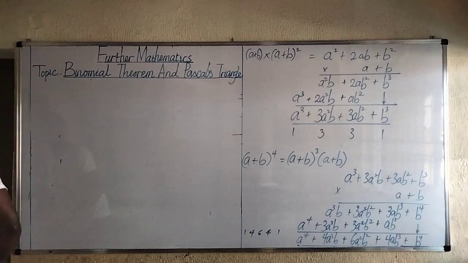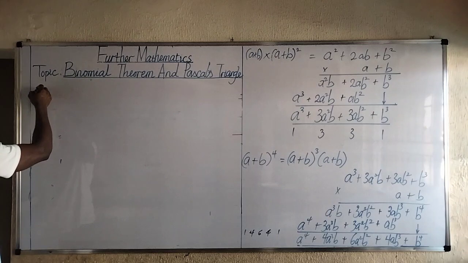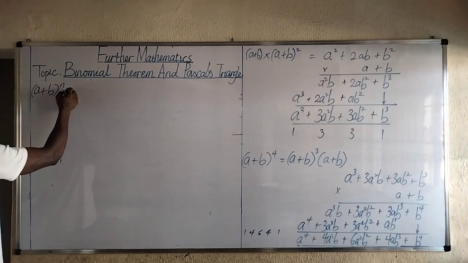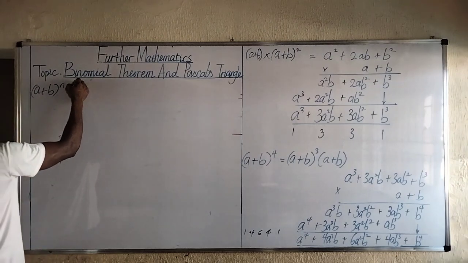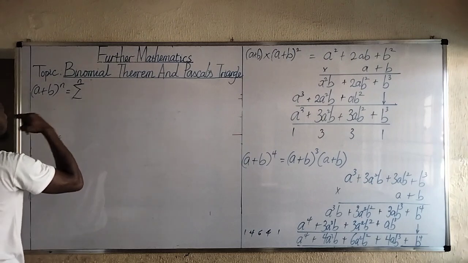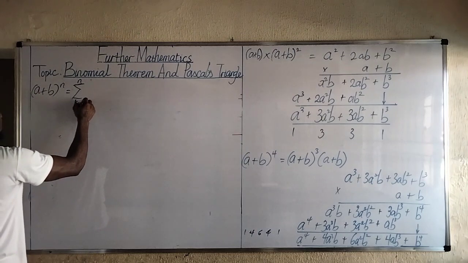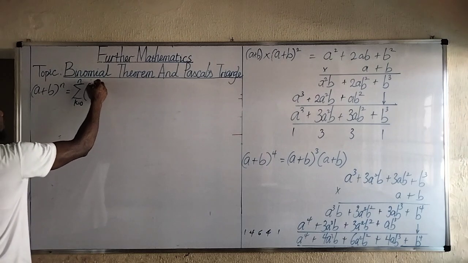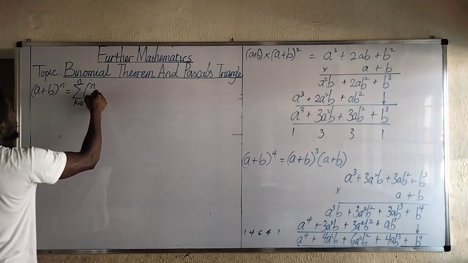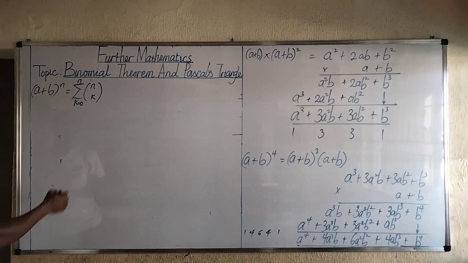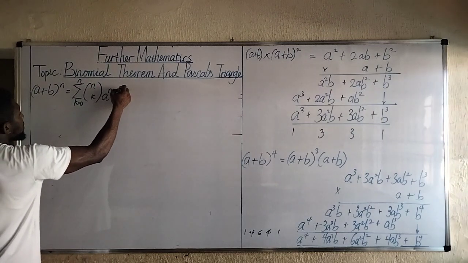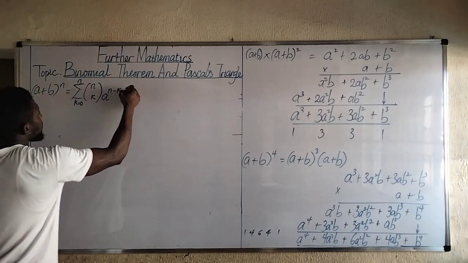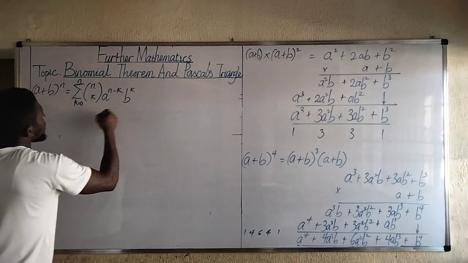Okay, if we have a binomial expression to the n power, a plus b to the n power, it is better we say summation, k equal to 0, n choose k, a raised to power n minus k, and b raised to power k.